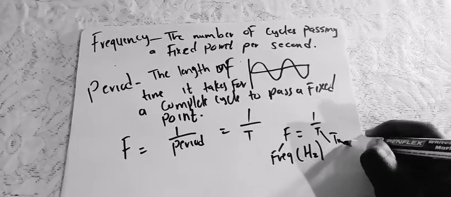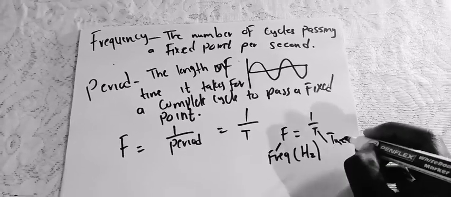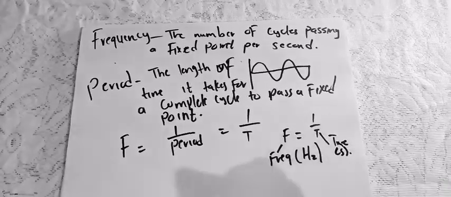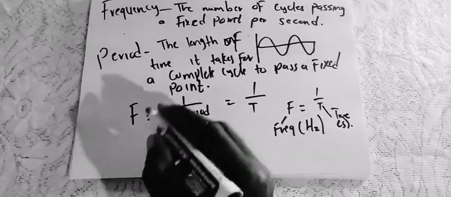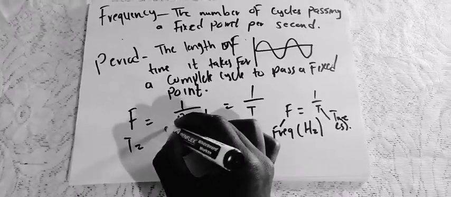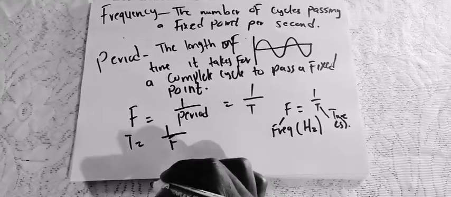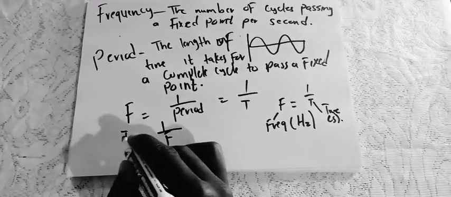Then period is the time, measured in seconds. So T equals 1 over f, that's the formula for the period.